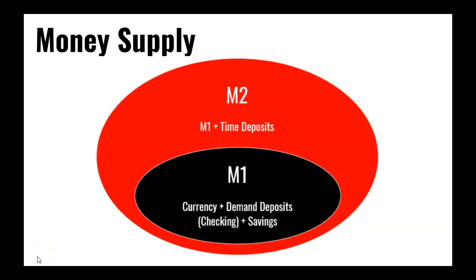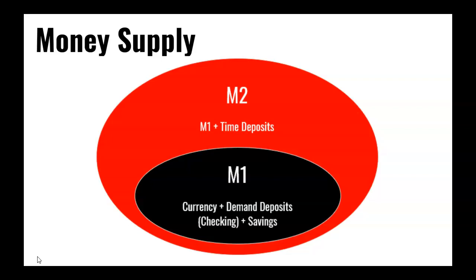So one way to think of money supply that's helpful for this course is to think of M1 and M2 as concentric circles, where M1, the most basic definition, lies within M2. So you might get a question that asks you something like, you close out a CD and put the money into your checking account. What happens to the money supply? Well, what would happen is we would see money transferring from M2 into M1.